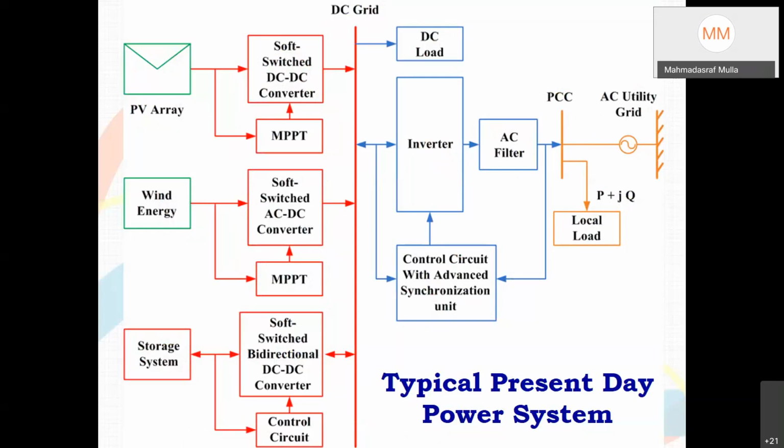People utilize this in different ways, like in some remote area in the northeast where it is not possible to extend the utility grid. So all the sources may be integrated on a DC link. Whatever energy they provide, we can give to a common DC link, and the load can also be DC. Such a system we may call a DC microgrid.